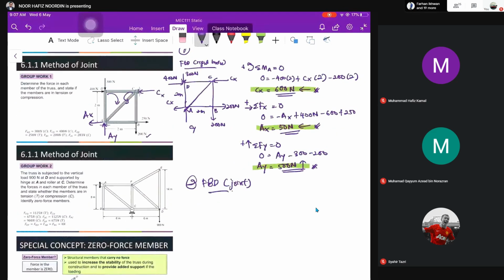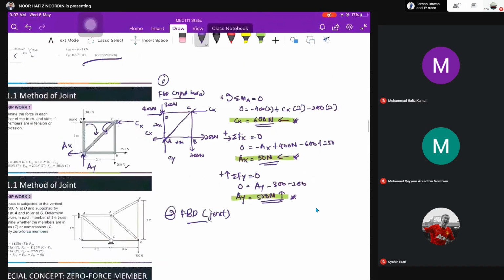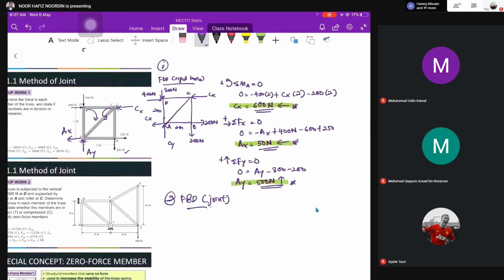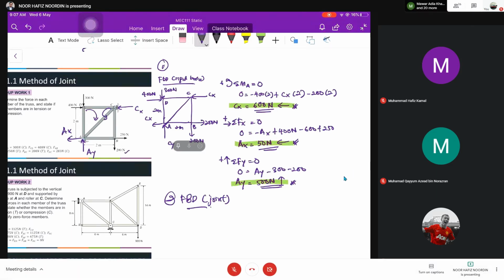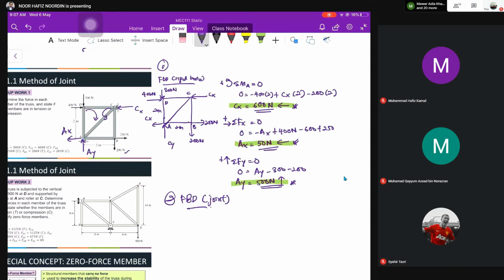So we have point A, point D, point C, point B. We start with the joint that has two unknown forces, which in this case are points D and B. Points A and C have three, because there are three slender members connected at those points. 1, 2, 3. So at point B we have 2, and at point D we have 2.